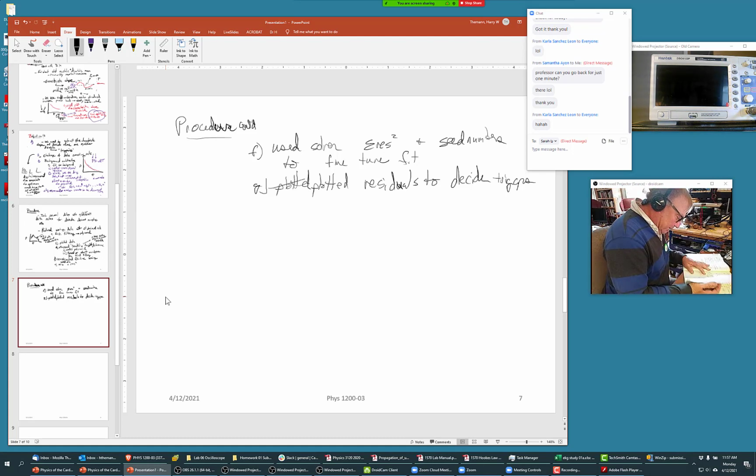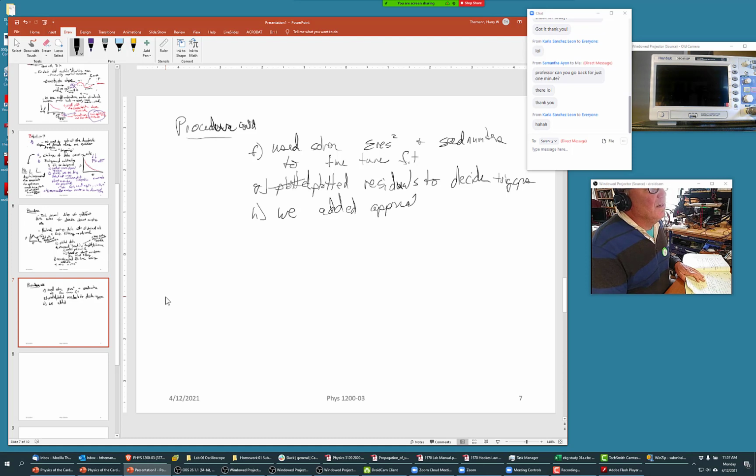Okay, so let's see. Plotted residuals to decide triggers. Oh yeah, and then H. I don't know how to word this so well. We added appropriate vertical timelines to extract.